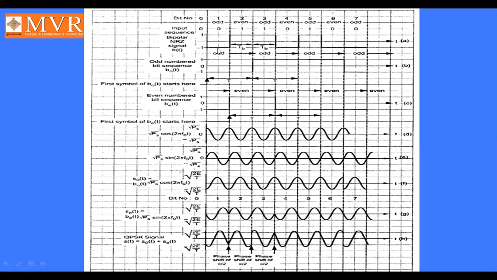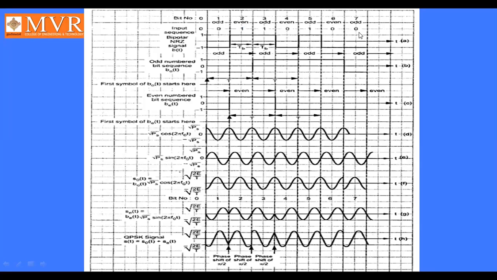This is -1, here it is -1. Next it is 1, 1. Next 0. Next 1, 0, 0. So this is your input signal: 0, 1, 1, 0, 1, 0, 0.